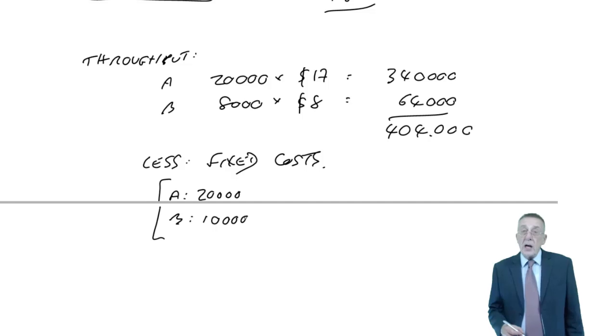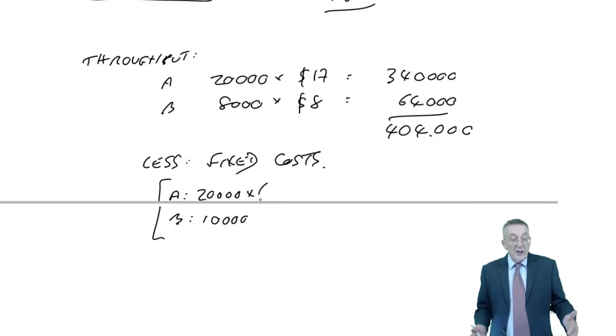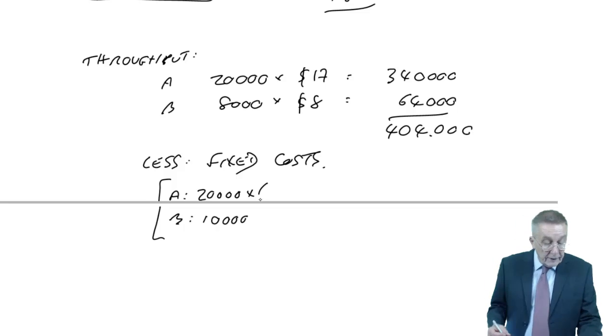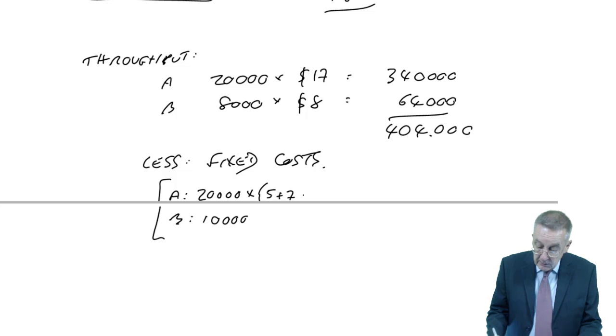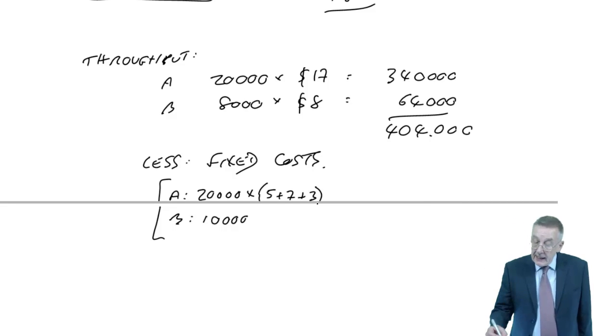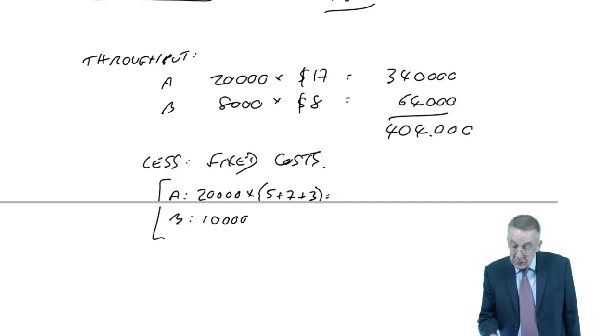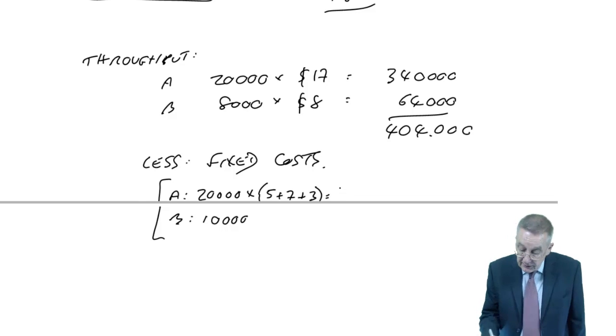And how much should we charge per unit? Well, our new definition of fixed costs is all of them, apart from materials. So for A, 5 for labour, 7 for other variable, and of course the purely fixed 3. So for A, we must have been thinking there was a total of 15, 300,000.